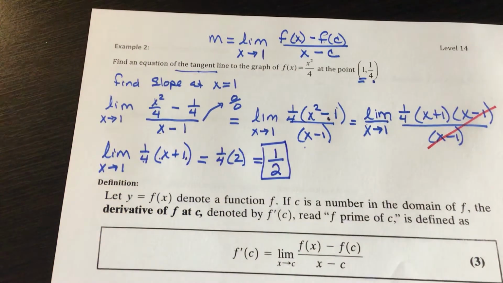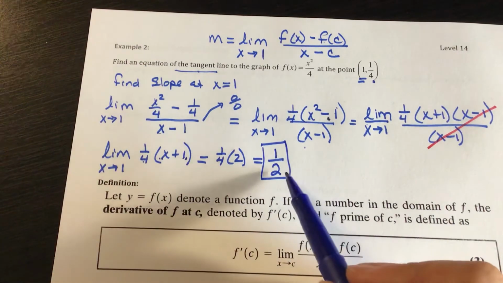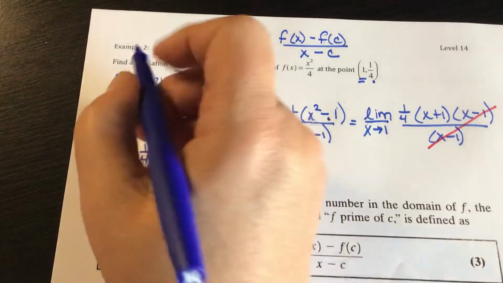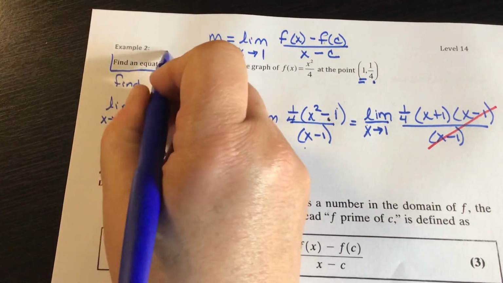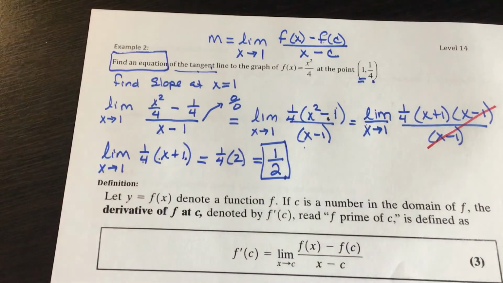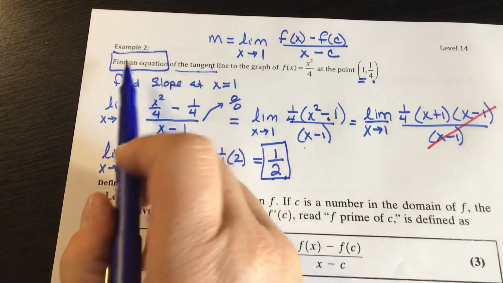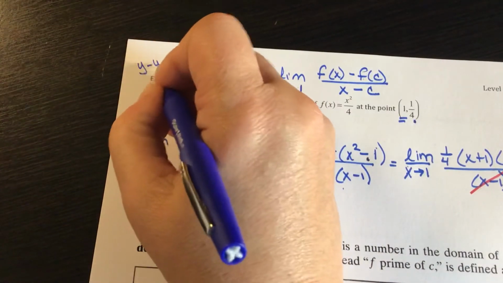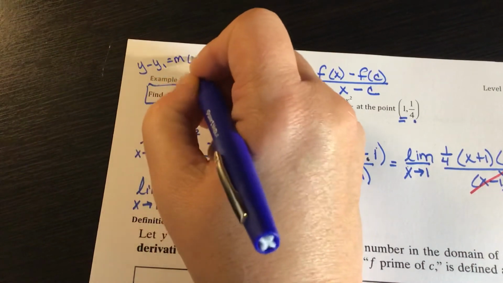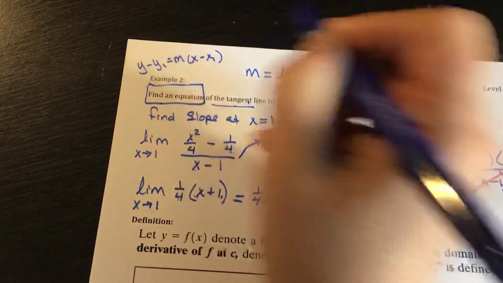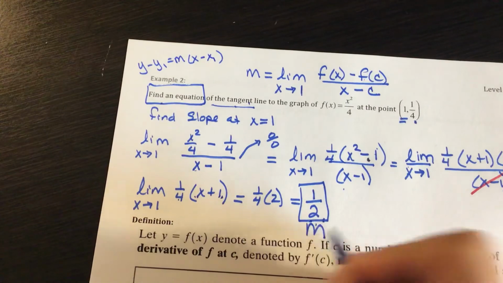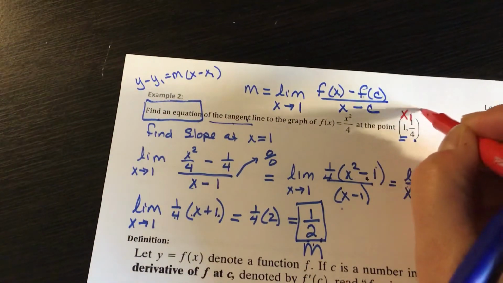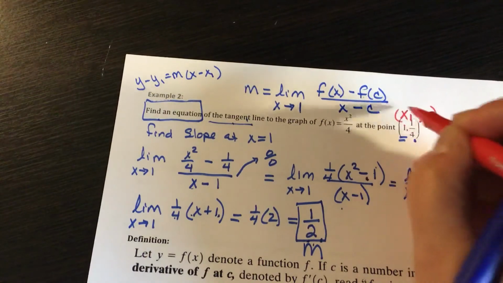So this is the slope of the tangent line. But here they're asking us to find the equation of the tangent line. So we're just going to plug this in. I just have y minus y1 equals the slope times x minus x1. I just calculated the slope, and I can say that this is x1 and y1.